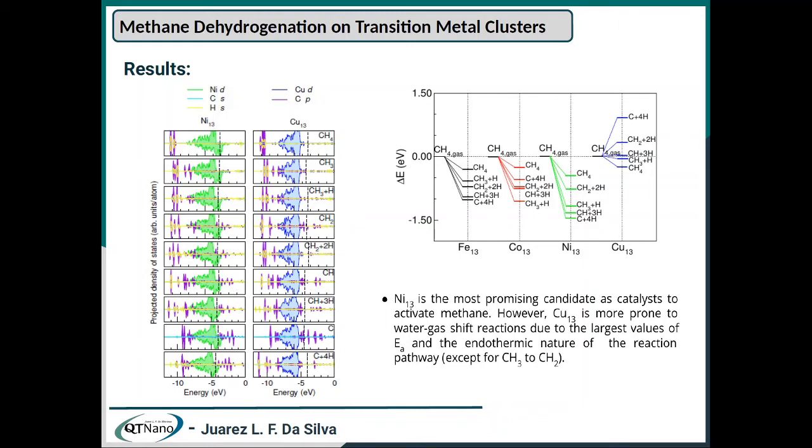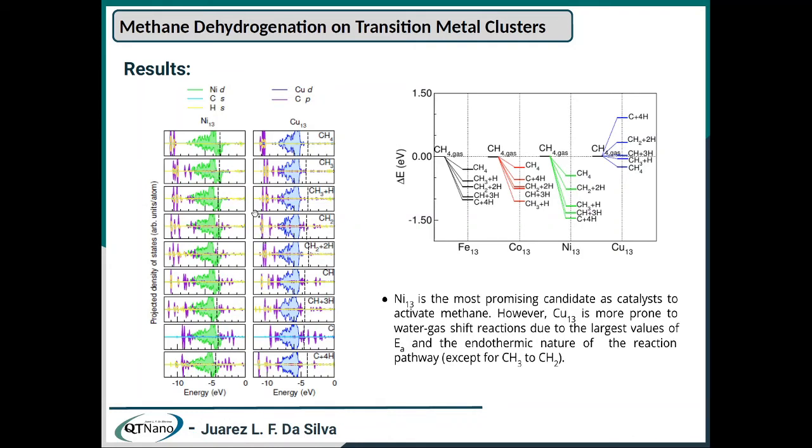increases with the broadening of the p states towards the Fermi level, as well as the increase of the hybridization of the carbon p orbitals with the d orbitals of the metal. This is not observed in the copper system due to the complete occupation of these states.